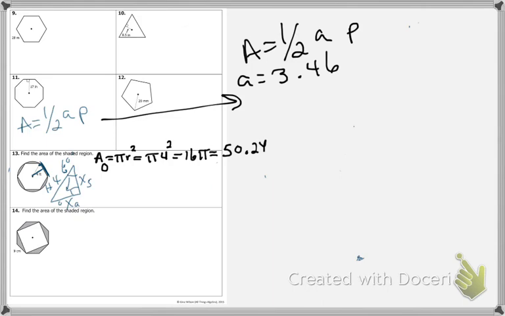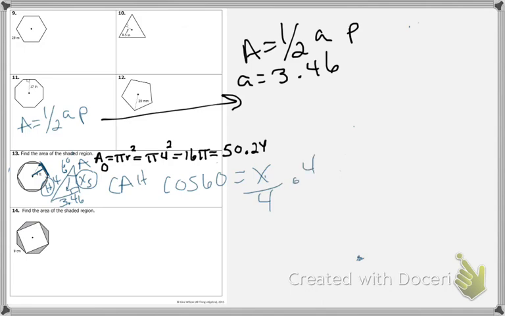So now that we know this, I'm going to solve for this guy. Well, this is adjacent. This is hypotenuse, so we're going to use cosine of 60 is equal to adjacent over hypotenuse.